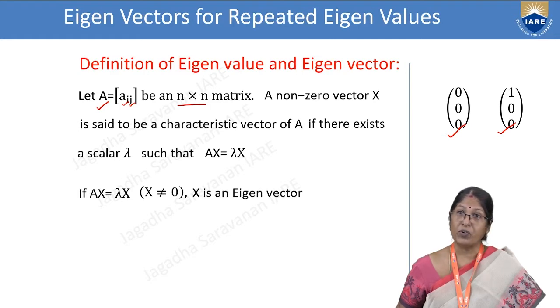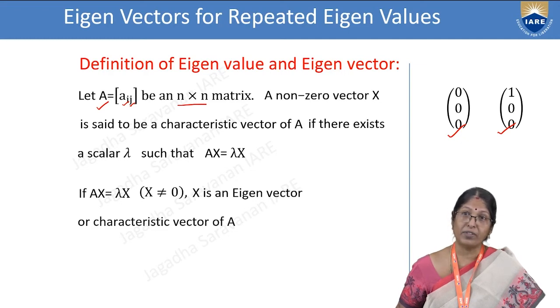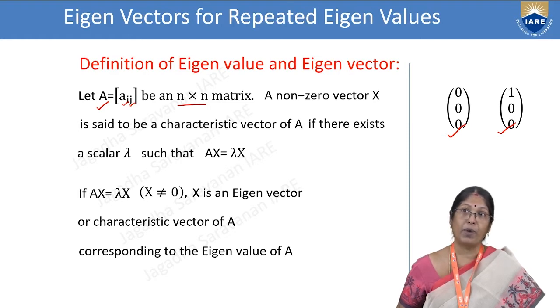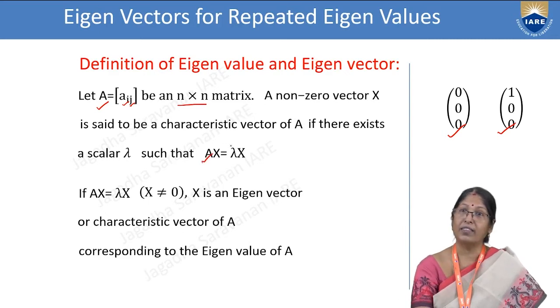Then capital X is the eigenvector, or characteristic vector, of A corresponding to the eigenvalue lambda of the given matrix A. A is the given matrix, lambda plays the role of eigenvalue, X plays the role of eigenvector. The condition that the eigenvector X is a non-zero vector is compulsory.